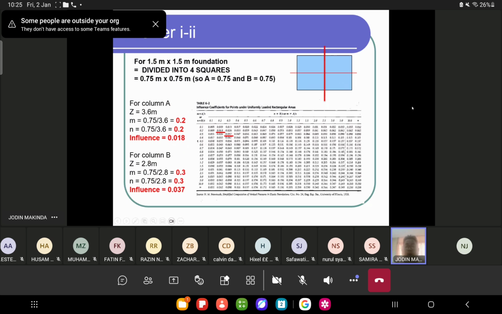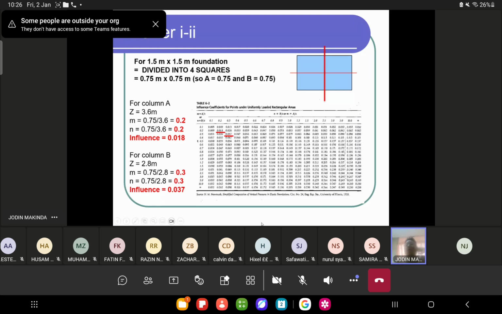If you know how to use the chart, look into 0.2 and 0.2. You can see that the influence factor is 0.018. If your M and N are 0.3 and 0.3, your influence factor is 0.037.